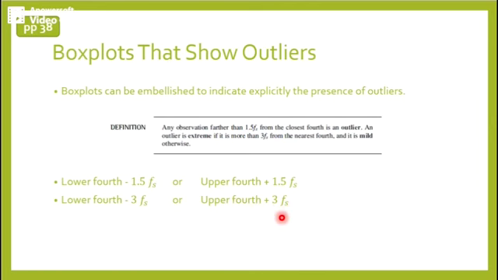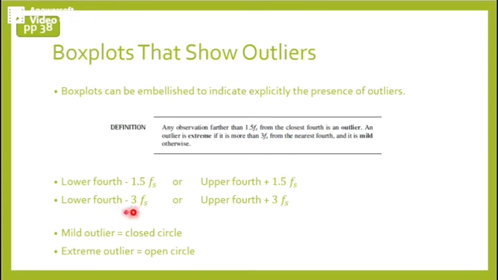In a box plot, the mild outlier is indicated with a closed circle, and the extreme outlier is indicated with an open circle. In the case of a box plot that shows outliers, the whiskers only go up until these values.